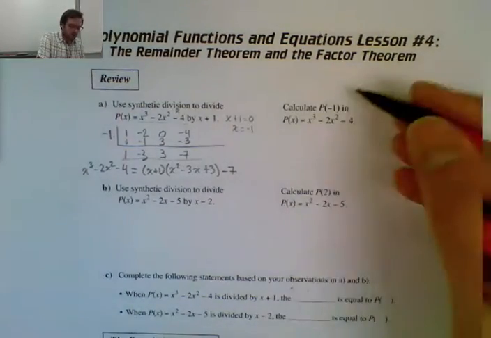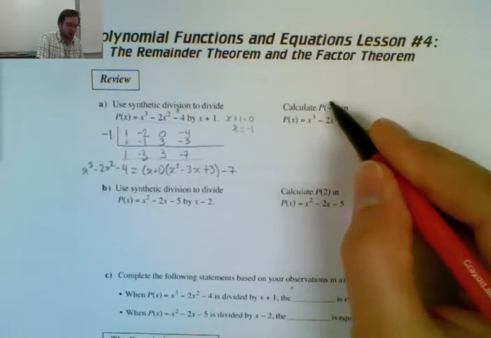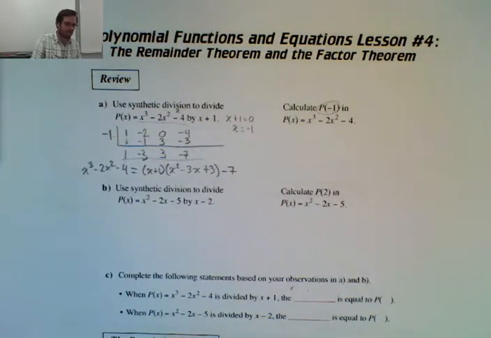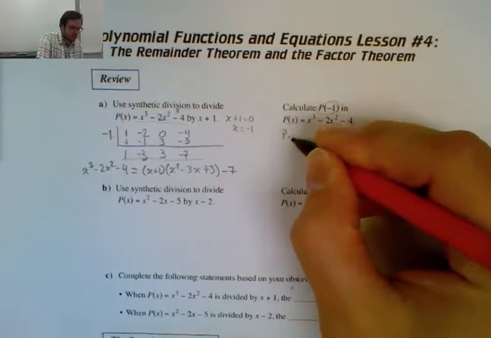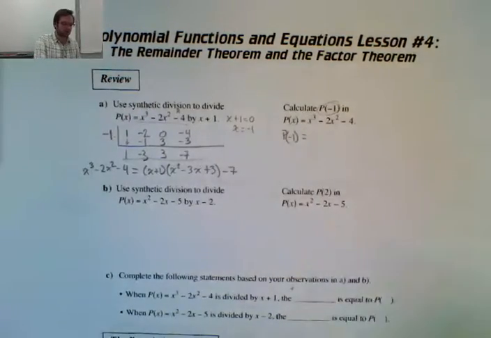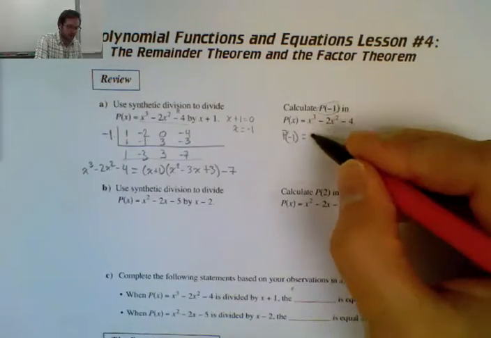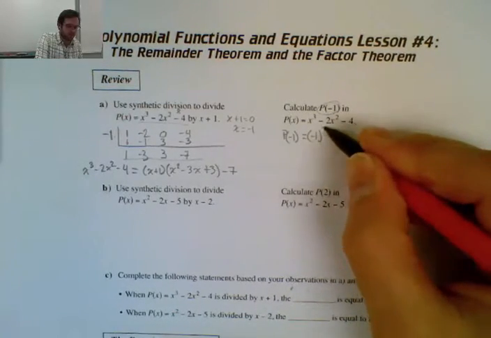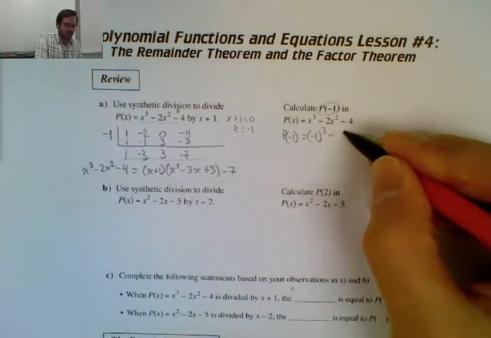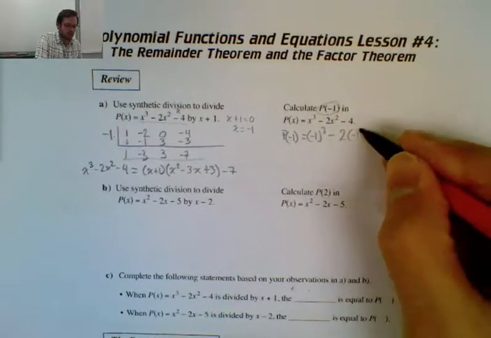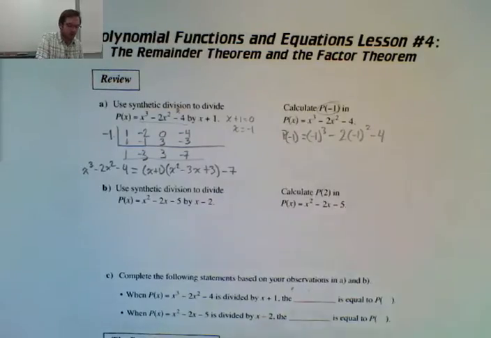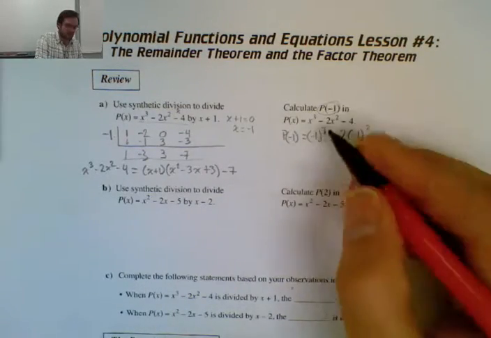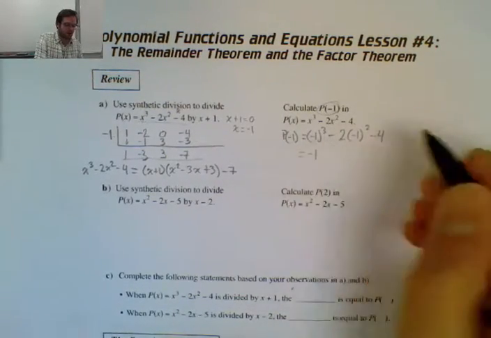So that's my remainder. Now we're going to get into more or less what the remainder theorem is. For this, we're going to put in negative 1 for x. So p of negative 1 is equal to negative 1 to the power of 3, minus 2 multiplied by negative 1 squared, and then we're going to subtract 4. Negative 1 cubed is negative 1.